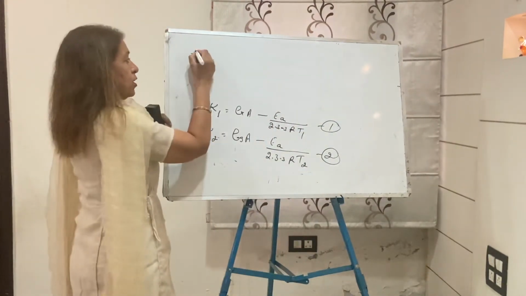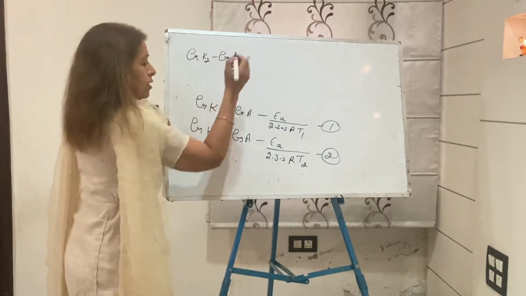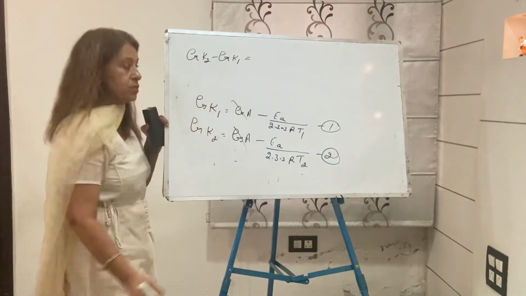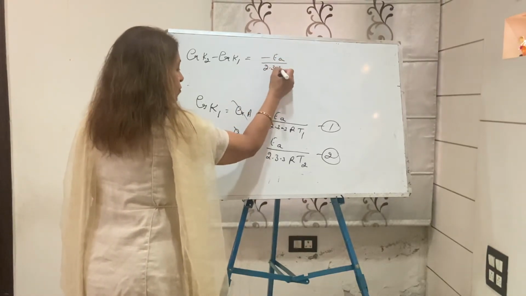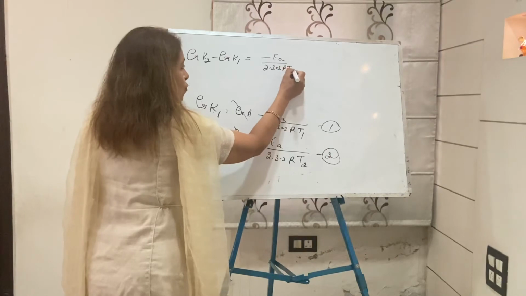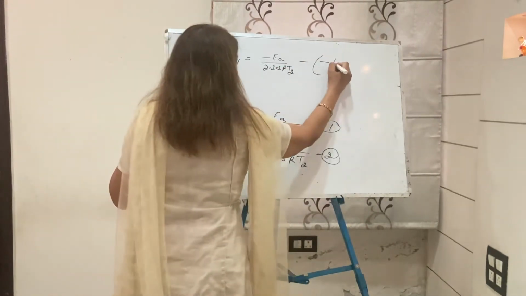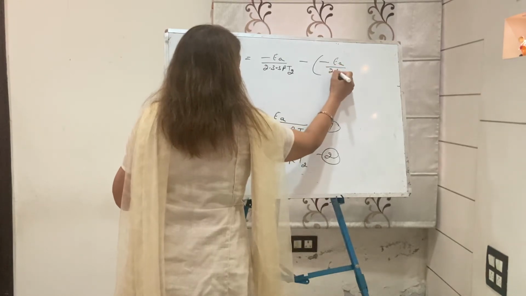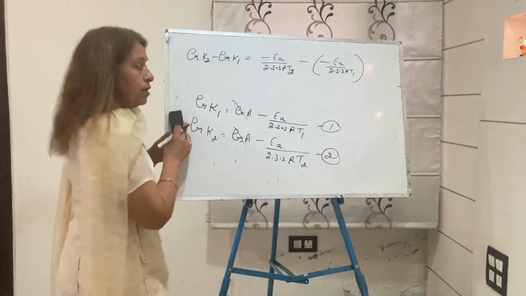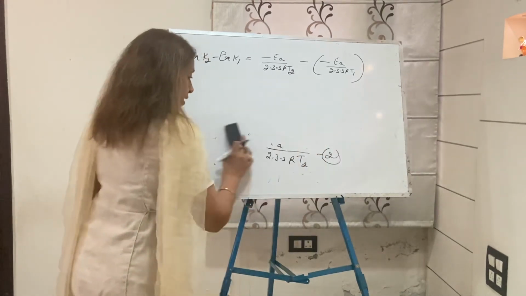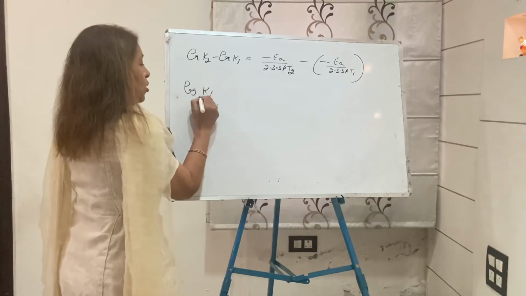It becomes log k2 - log k1 = log A cancels, then -Ea/(2.303 RT2) plus Ea/(2.303 RT1). I think it's clear. Let us take out the common.